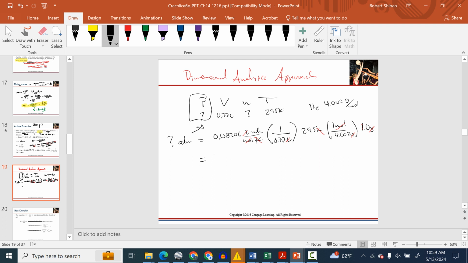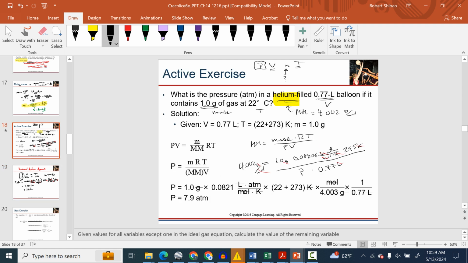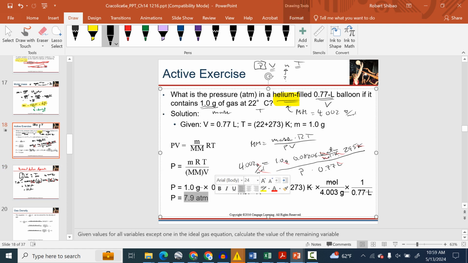And I get 7.85 atmospheres. I'm only allowed 2 sig figs, so we'll round that to 7.9 atmospheres. Let's see what they got. They got 7.9 atmospheres.